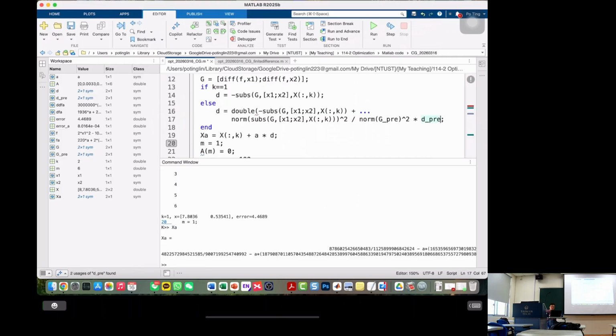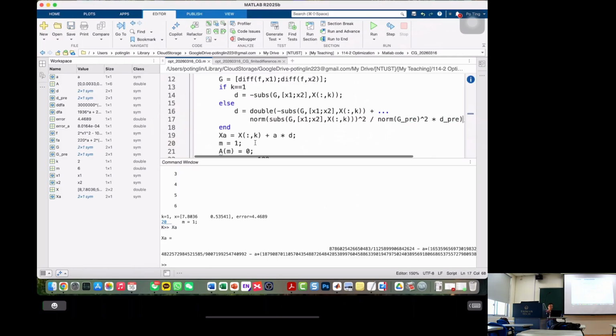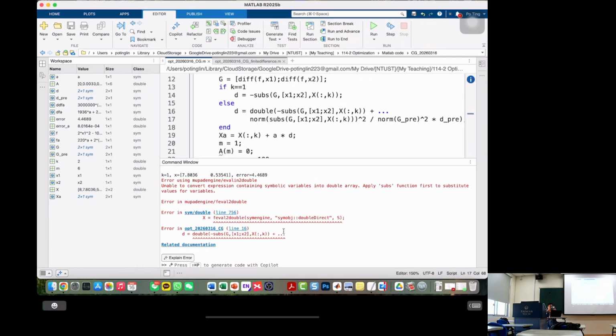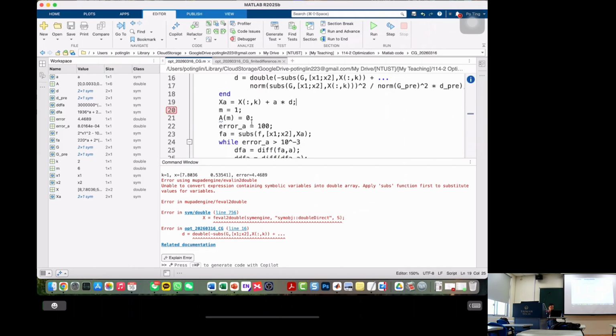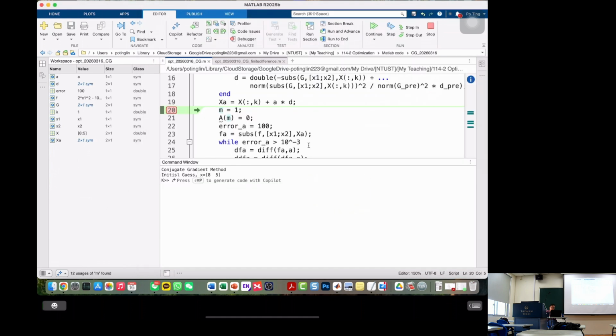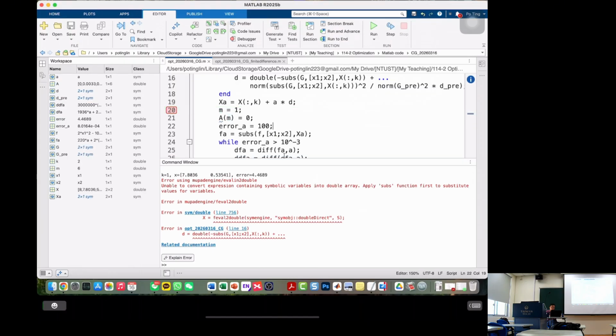Then it should be fine. Still not correct. That's not the issue. Let's take a look again. First iteration, XA is fine. Second iteration, no.